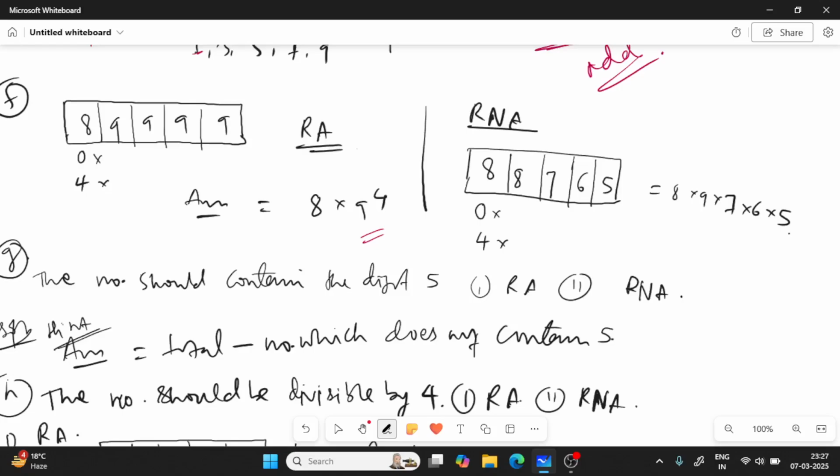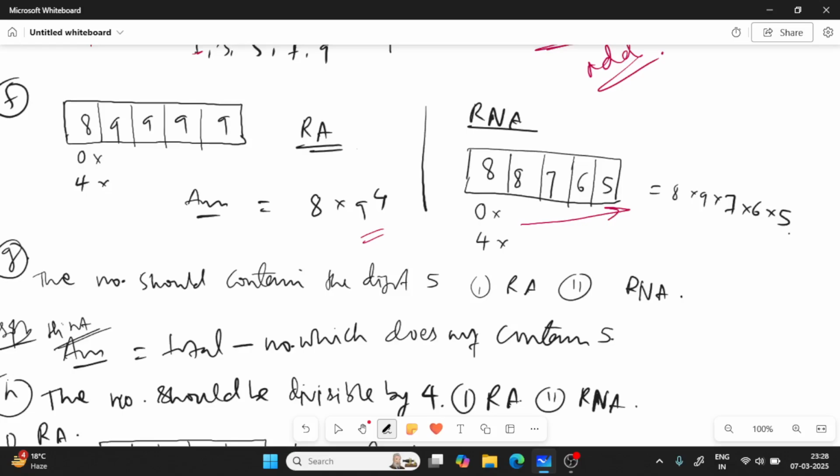That's why 1 is already used and 0 cannot be put. 4 cannot be put here, because at all places 4 should not be present. So here we will have a total of 8 ways. After that, 7 ways, 6 ways, 5 ways, goes on decreasing as we go from left to right. So the total number of ways would be 8 into 8 into 7, 6 into 5.